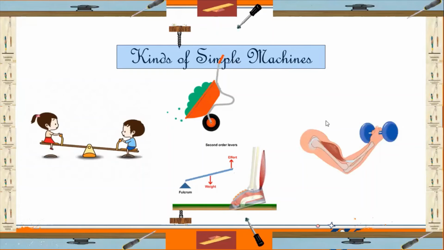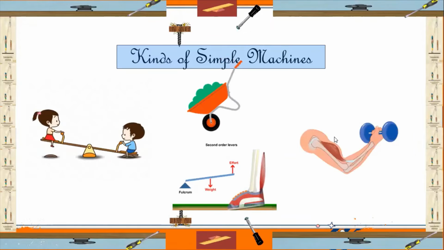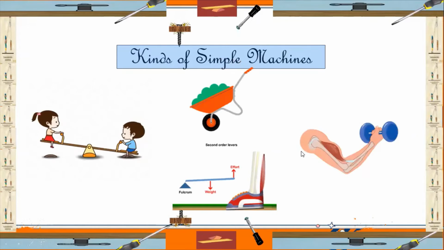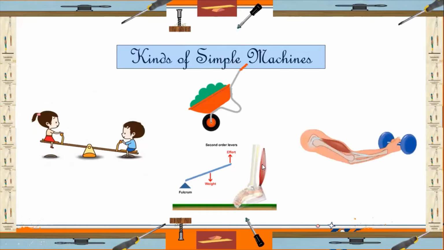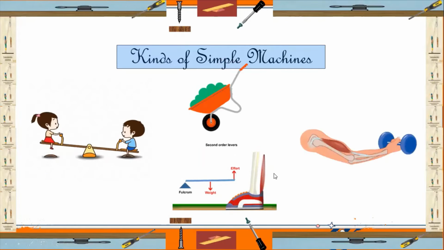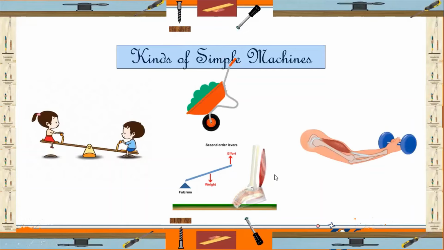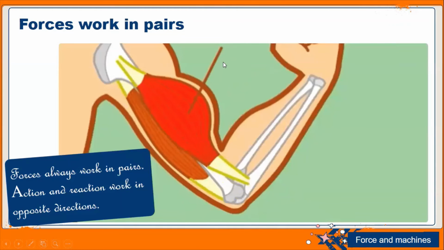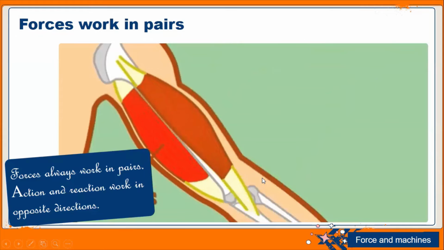The effort is applied by the two muscles in the upper arm. That is the lever system in our bodies. There are many lever systems in our bodies too. Forces always work in pairs. Action and reaction work in opposite directions.